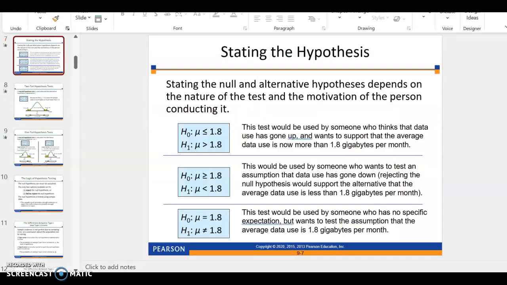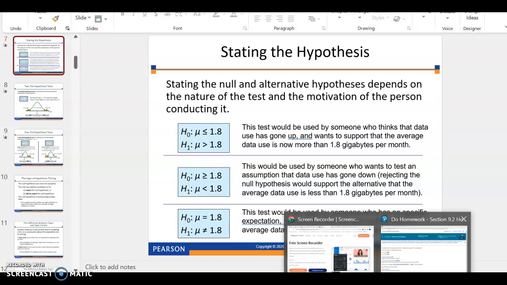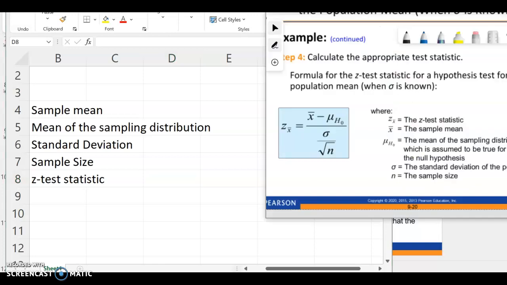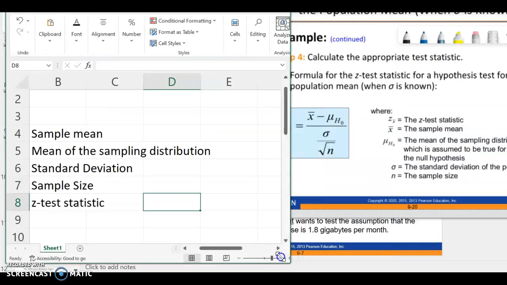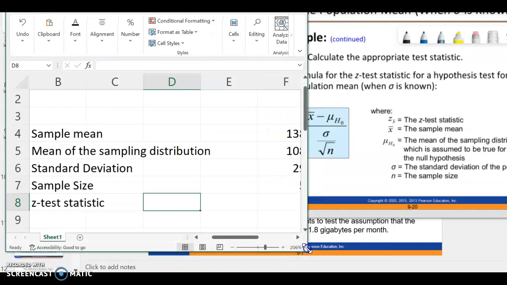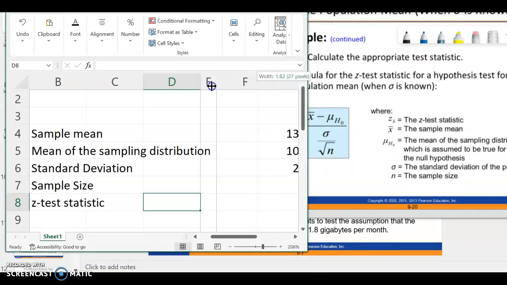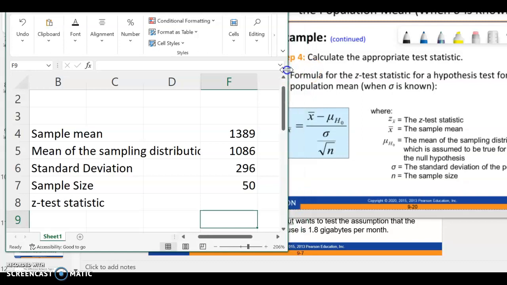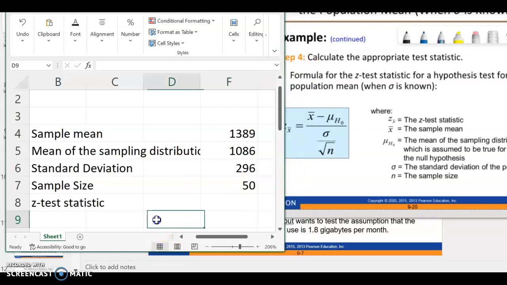Now it just wants you to, let me see if I can pull both of these up at the same time. See if I can just maybe move this over. Okay. So what we're going to do is start with an equal sign, and then a parenthesis to do the numerator.